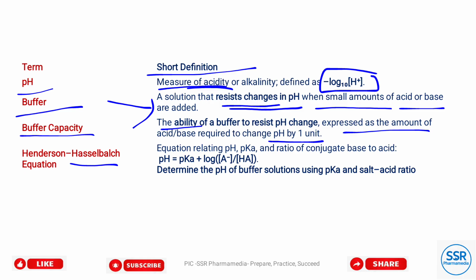And the Henderson-Hasselbalch equation definition: the equation relates pH and pKa. pKa means ionization constant. The ratio of conjugate base to acid: pH is equal to pKa plus log A minus divided by HA. It determines the pH of a buffer solution using pKa and the salt to acid ratio.